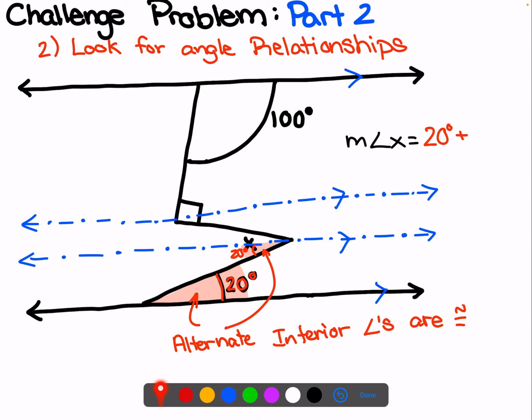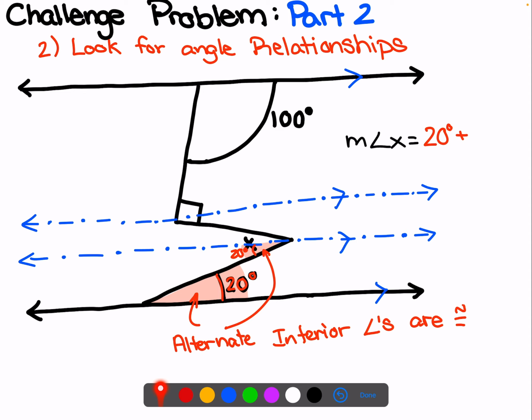Next, let's go ahead and focus on the top because I can't find this top piece without working towards it. So I see that we have 100 degrees once again, and I have this 90-degree angle here. But this 90-degree angle is being split by this parallel line. So this top piece isn't 90 and this bottom piece isn't 90, but the full thing is. I know that the relationship between 100 degrees and the top piece of this is that they're supplementary.